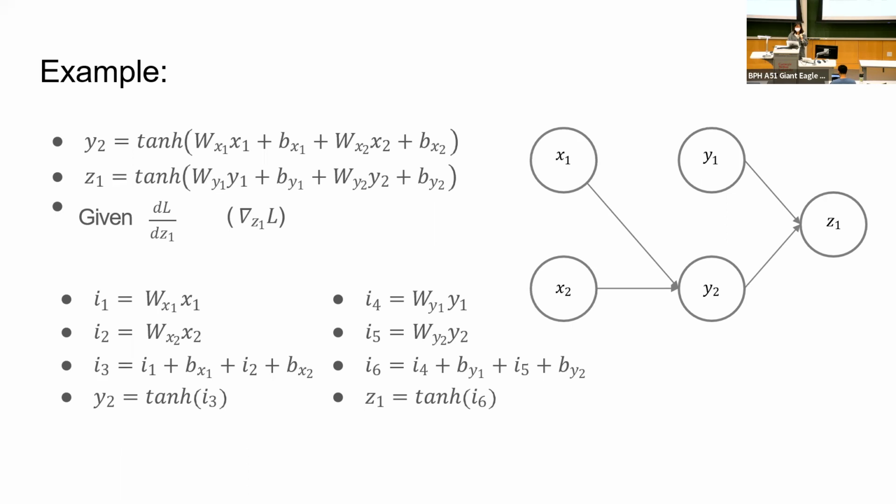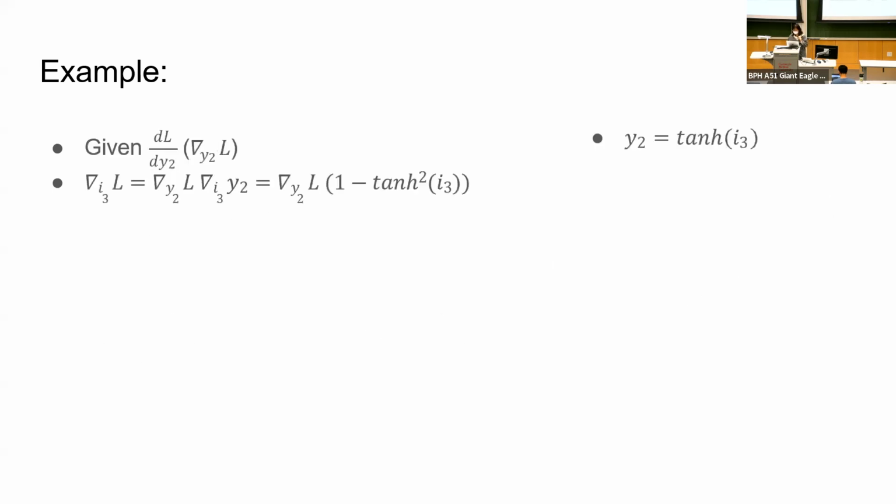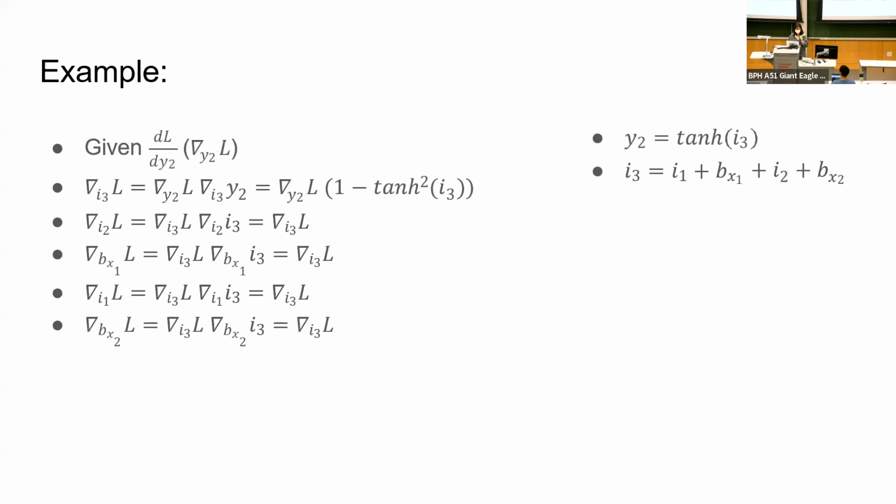And for now, we already got the derivative of loss with respect to y1 and the derivative of loss with respect to y2, and we can keep moving backward with the help of all these intermediate values I's, and the process should be the same. We first calculate the derivative of loss with respect to I3 and keep moving backward.